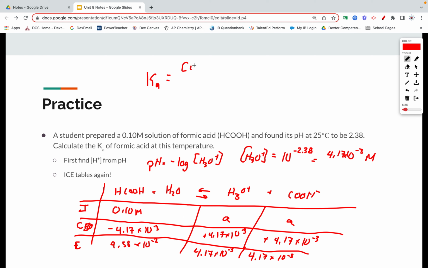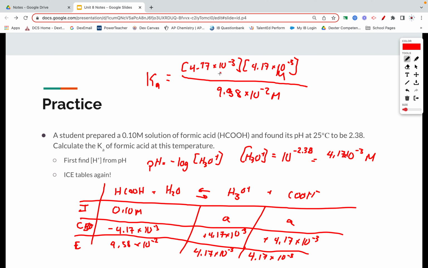So we do 4.17 times 10 to the negative third, and we multiply it by 4.17 times 10 to the negative third, because we have our hydronium concentration times our ion concentration divided by our equilibrium concentration of our acid, which is 9.58 times 10 to the negative second, and these all should have molarity here.